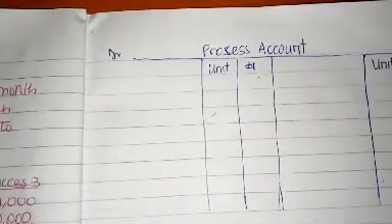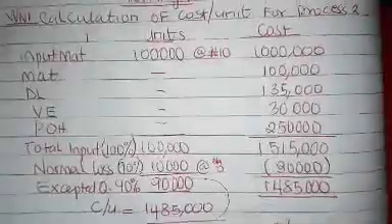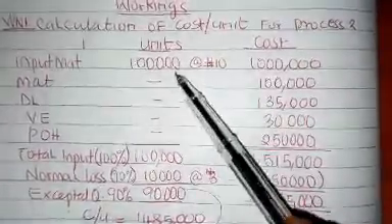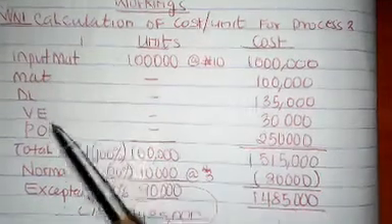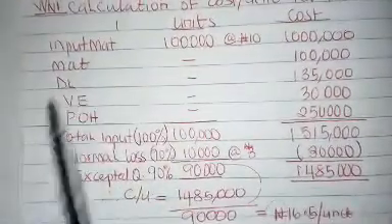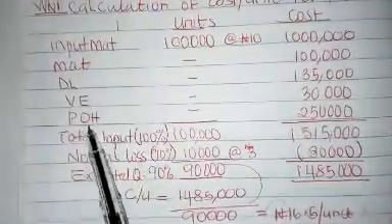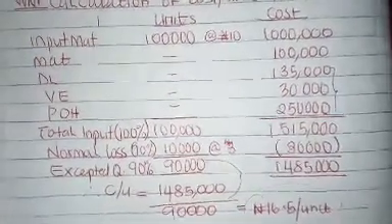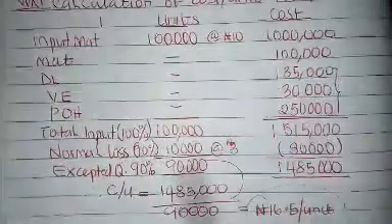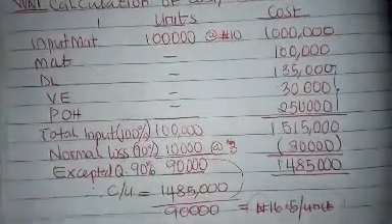Now based on what we have calculated, when you have input materials, then the direct labor, variable and production overhead are conversion costs. All these will be debited on the process account.